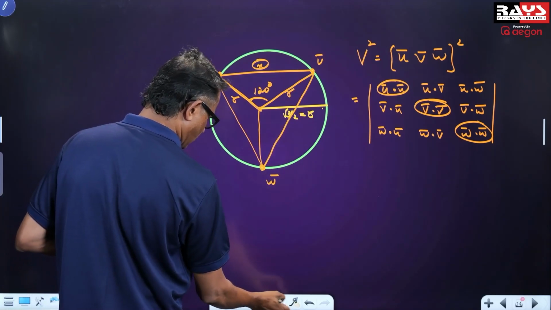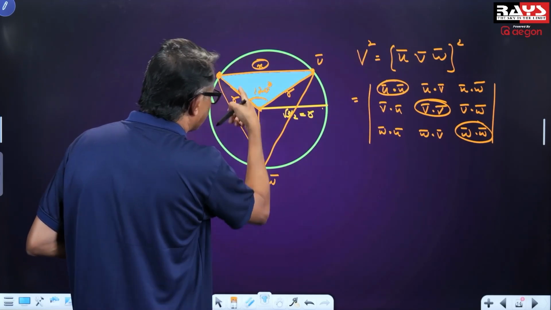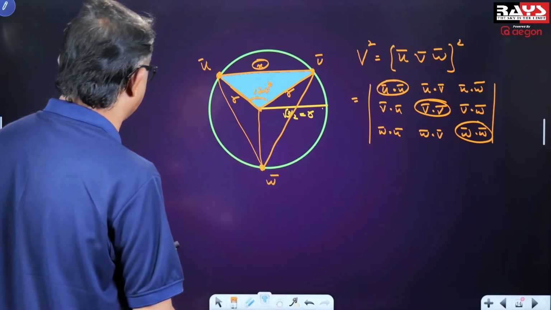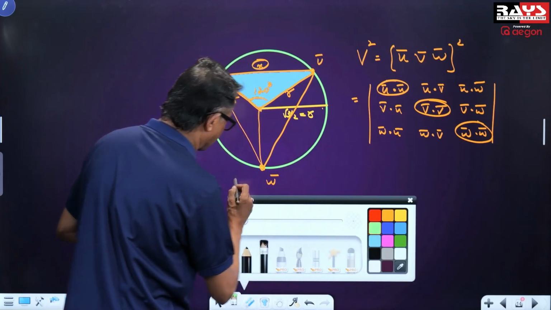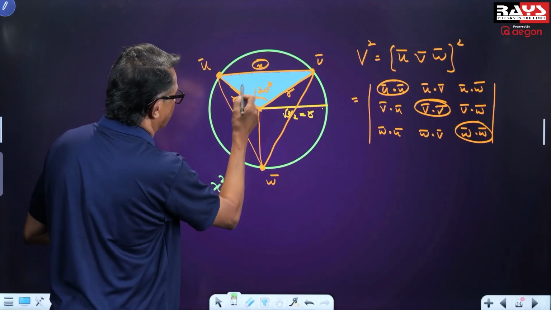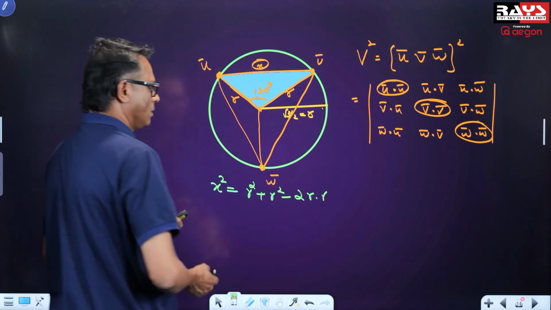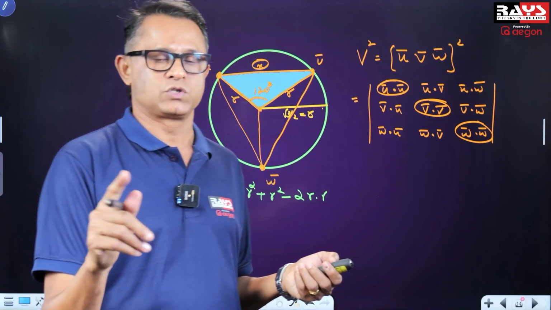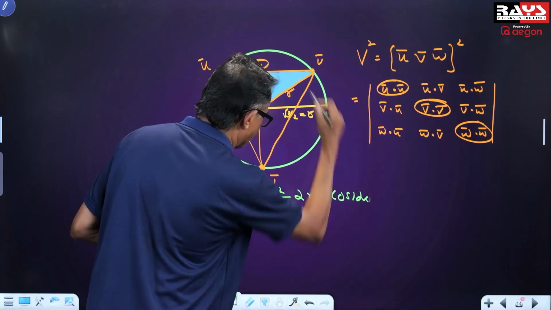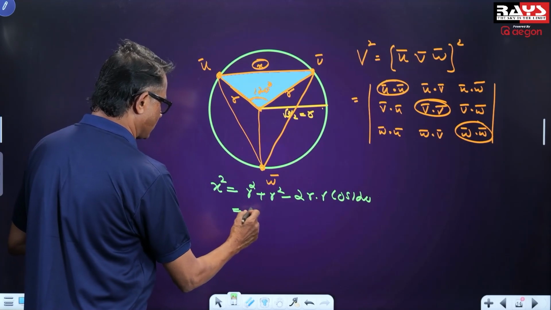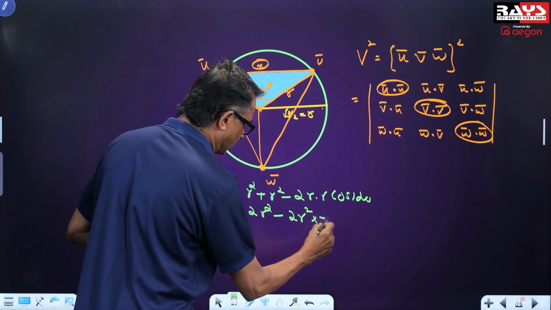So if you apply the cosine rule in that triangle, what is the cosine rule? a square equals b square plus c square minus 2bc cos a. So x square is equal to r square plus r square minus 2r square into cos 120, which is minus 1 by 2.